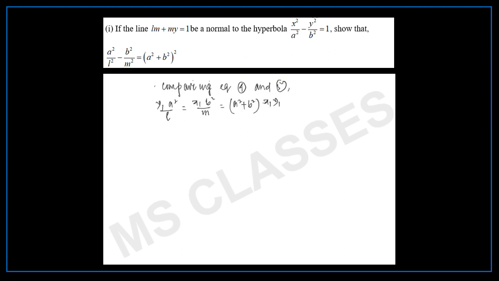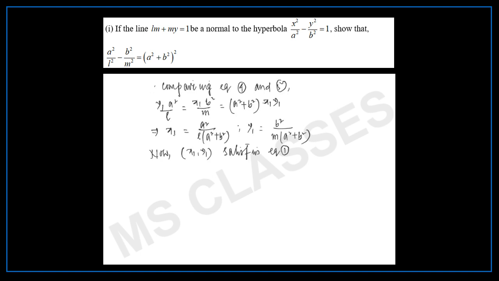Now from this we can say that x1 equals a square by l into a square plus b square, and y1 equals b square by m into a square plus b square. Now the point x1, y1 satisfies equation 1.